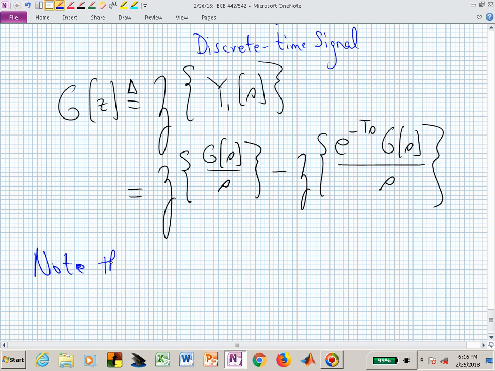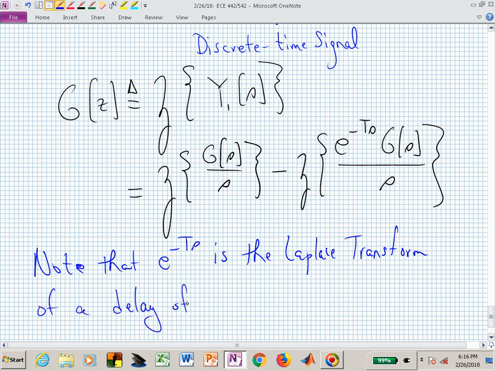We're going to note that e to the minus Ts is the Laplace transform of a delay of T seconds.